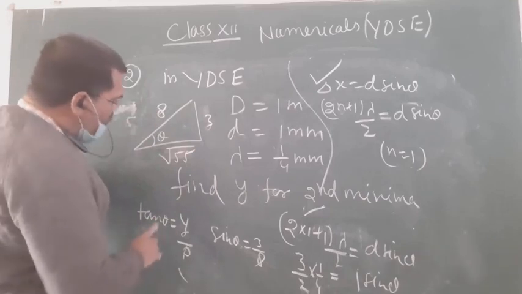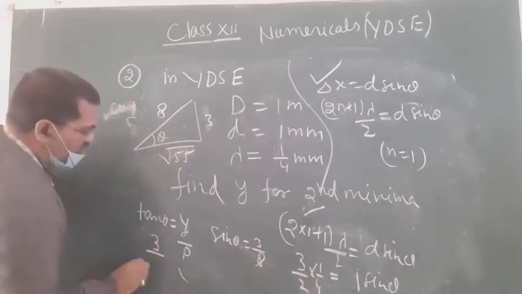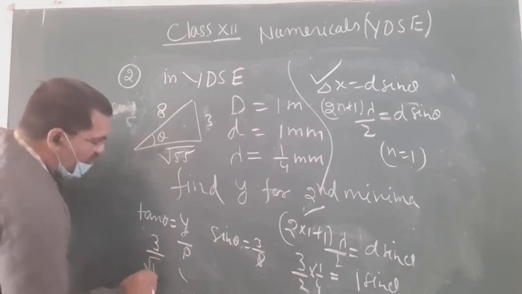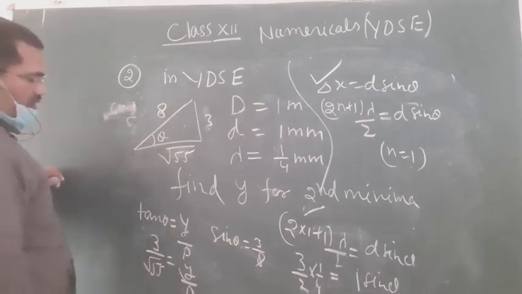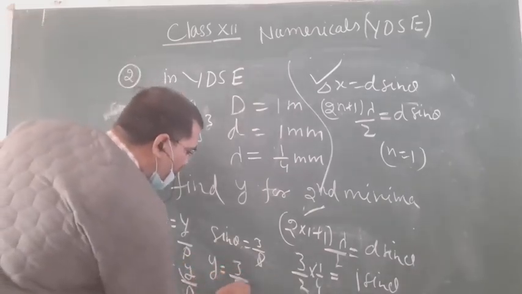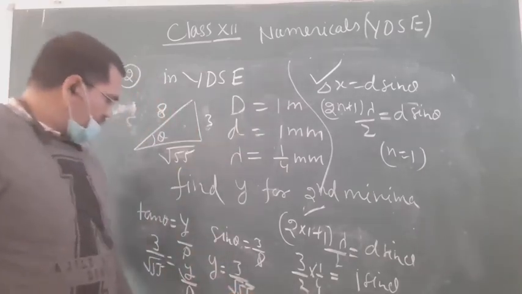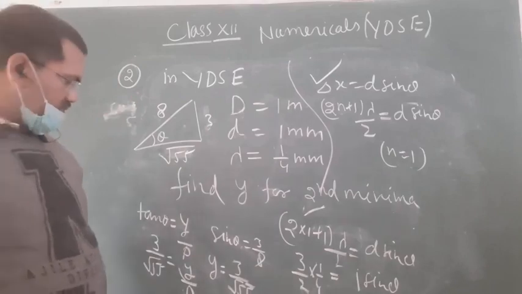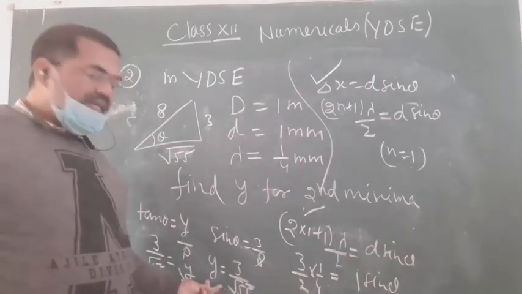So tan theta equal to perpendicular upon base, that is 3 by root 55, equal to y upon D. So y equal to 3 by root 55, because D equal to 1 here. So this is the position for second minimum.